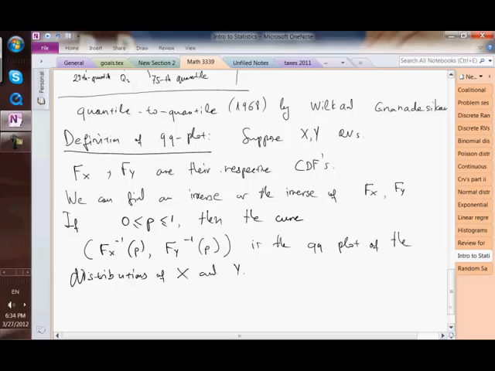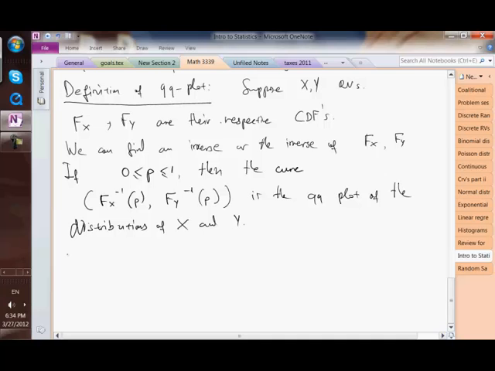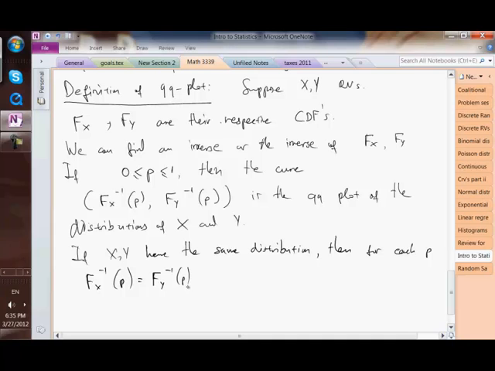So the main idea is the following. If x and y have the same distribution, then for each p, f sub x inverse of p is equal to f sub y inverse of p, because since they have the same distribution, the distribution functions, the CDFs, are equal.